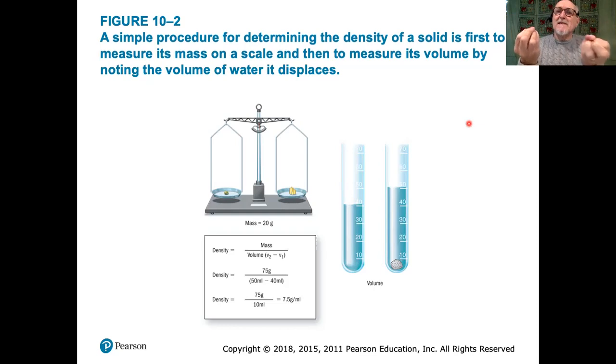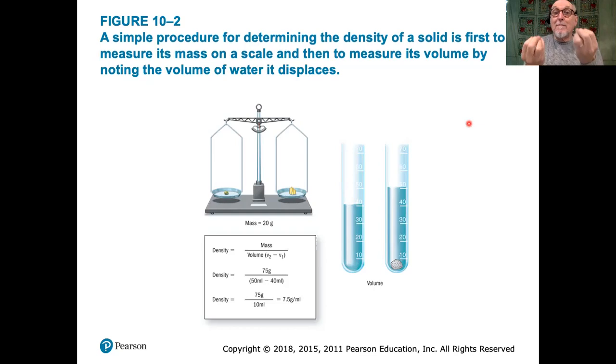Because one, the size is different to the other, and second of all, their mass is different. How can I relate these two substances together? Well, what I can do is measure the amount of mass in a set volume for each. And that is what density is. Density is the amount of mass per unit volume.